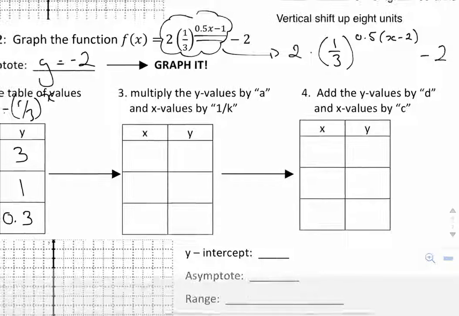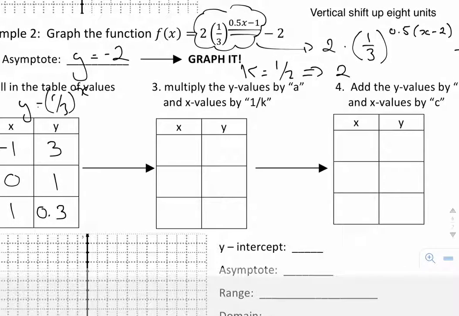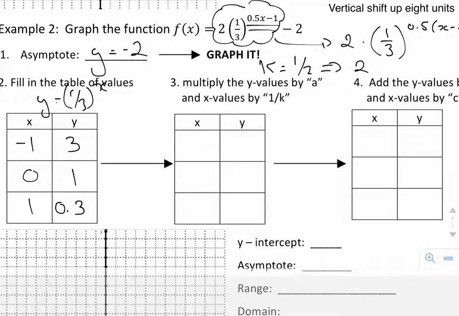So the y values get multiplied by a, which is 2 in this case, the x values by 1 over k. Remember, k is 1/2, so therefore the reciprocal is going to be 2. So my x values get multiplied by 2, and so do my y values. What do I end up with? -2, 0, 2, and 6, 2, and 0.6.